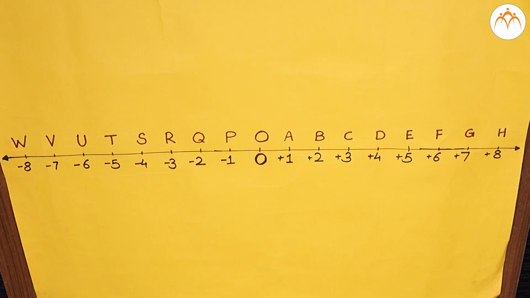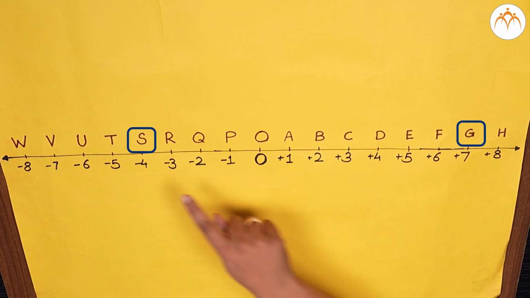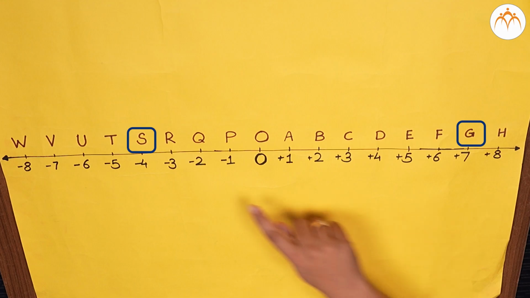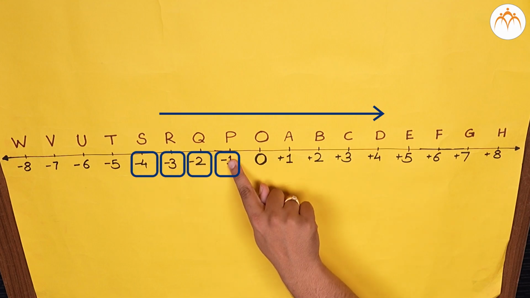Perfect. Very good. Now that you have understood what the coordinates are, let's learn how to measure the distance between 2 points. Suppose we need to measure the distance between S and point G. In this case, you can directly count the units between the points S and G from the number line itself.